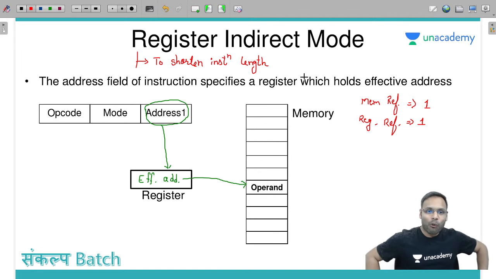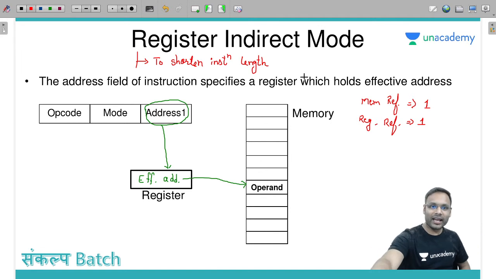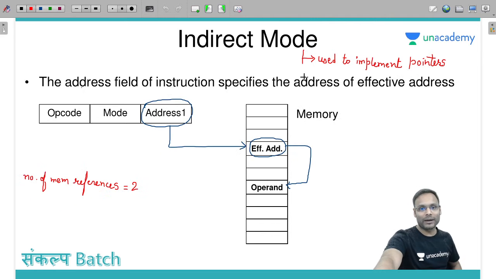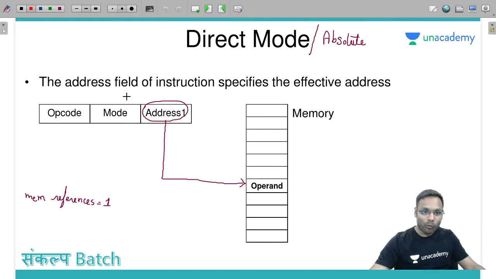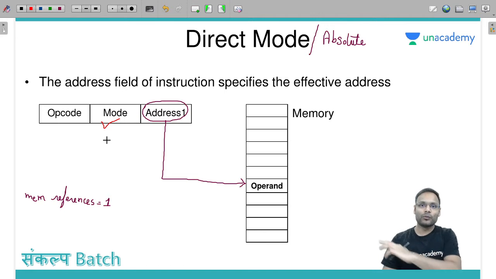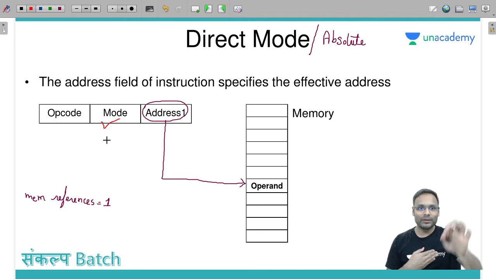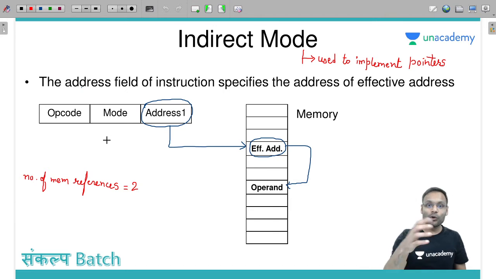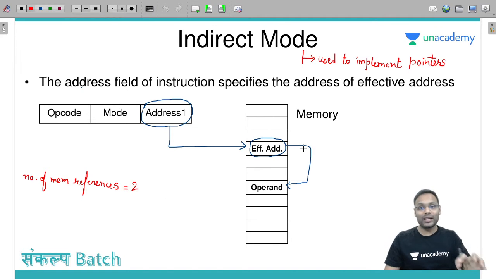Okay, now many times people have different doubts, like sir, how will the CPU recognize this? How will the CPU detect that this address is a direct mode type address, and that this address I will have to use indirectly to get the operand? This mode field will help my computer system. If suppose the mode is implied mode, the mode bits will be 0000. If the mode is immediate mode, mode bits will be 0001. My CPU will detect that mode is 0001, which means this instruction is using immediate mode. If the mode is 0010, direct mode. If the mode is 0011, indirect mode. So my CPU will be able to know how to use this address so that I can get the operand.